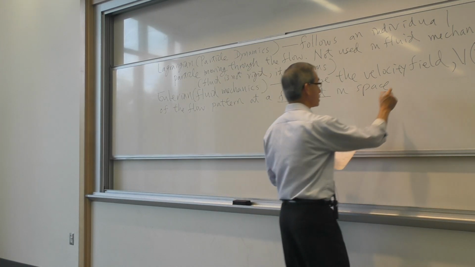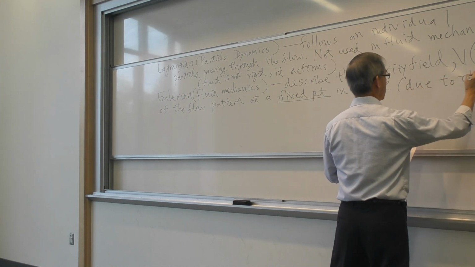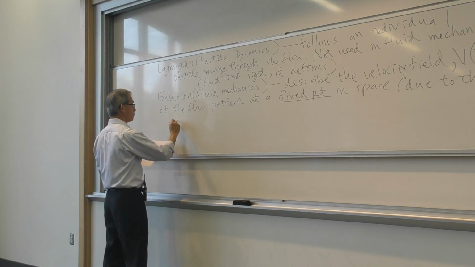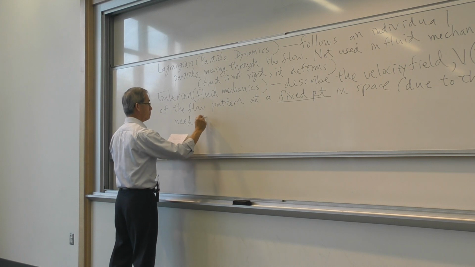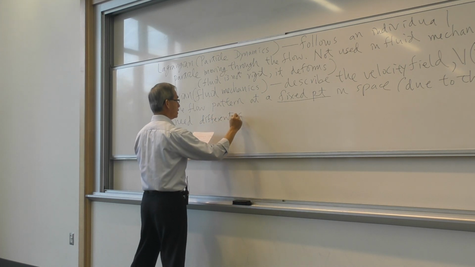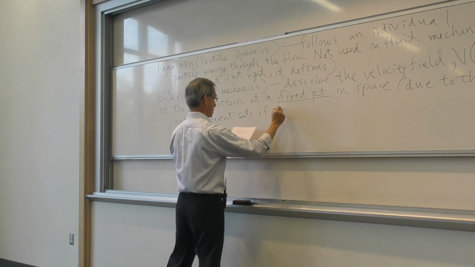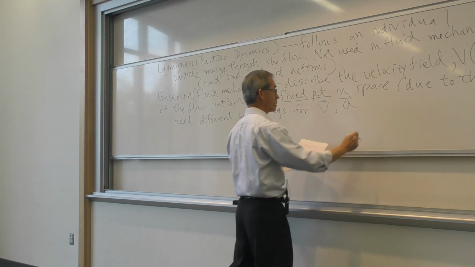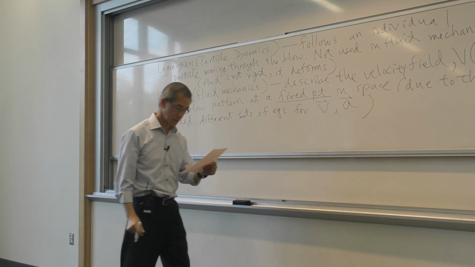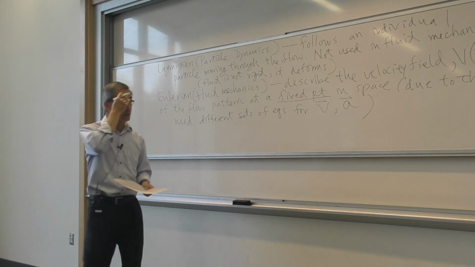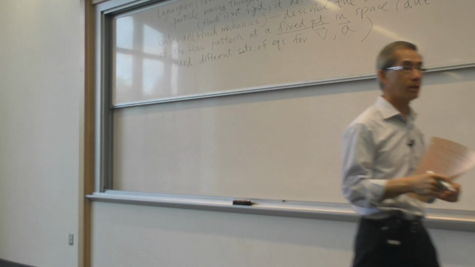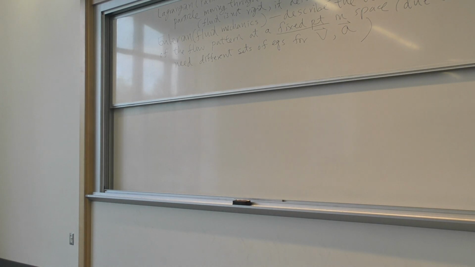And because of this, I will have to have a different set of equations for velocity and acceleration. The question is, what would they look like? That's the next topic. But this concept between the particle description of identifying an automobile versus now we look at a fixed point in space, essentially.